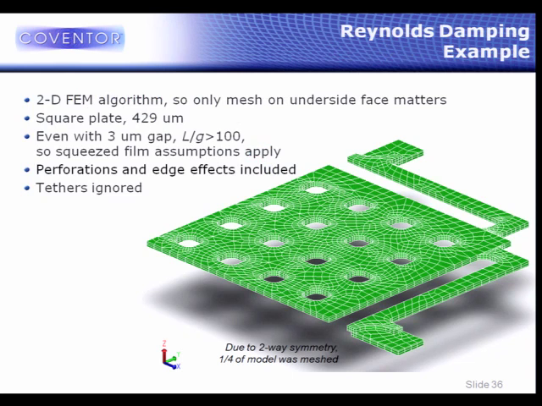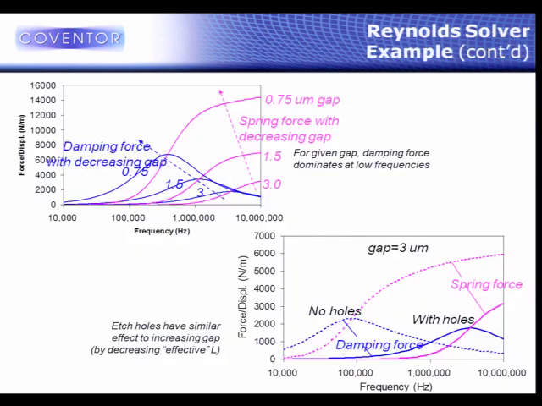The Reynolds solver definitely is, if you're in the domain where that is valid, the way to go because it's really fast. You can account for edge effects on holes, and it's really quite accurate. With the Reynolds solver, you're getting two things: the damping force and the spring force versus frequency.